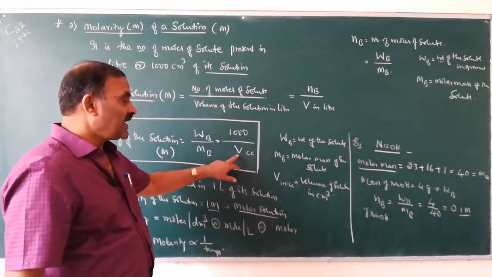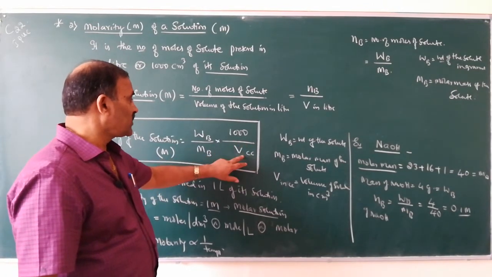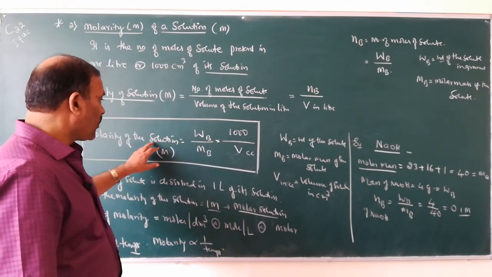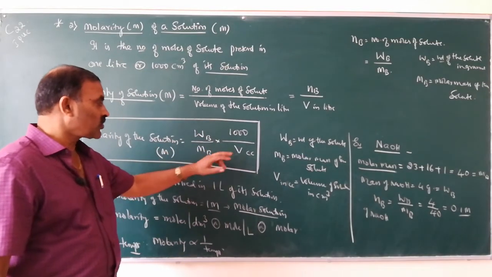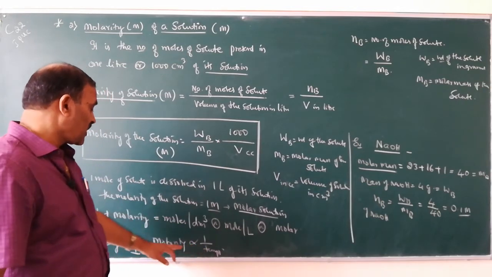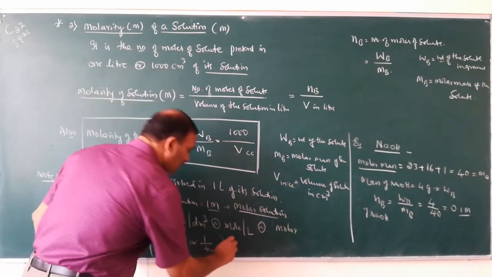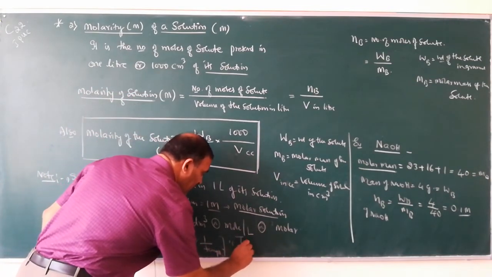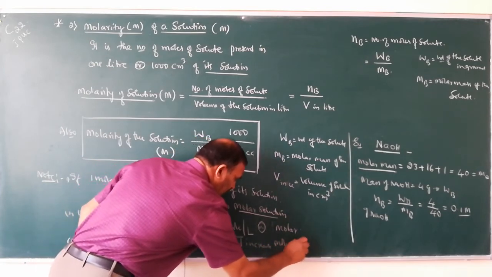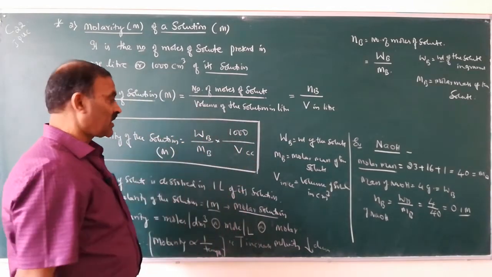Volume of the solution increases due to expansion. When the volume of the solution increases, molarity decreases. Therefore, molarity is inversely proportional to volume, where volume is directly proportional to temperature. Therefore, molarity is inversely proportional to temperature. That means if temperature increases, molarity decreases, and vice versa.